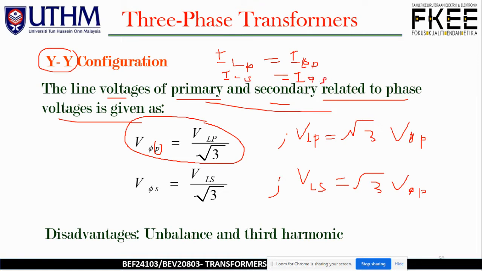So these are some of the rules when we talk about star configuration. The disadvantage is the drawback of unbalanced currents and also the third harmonics, especially at the load.